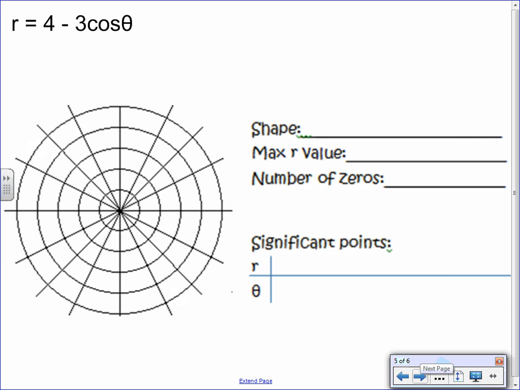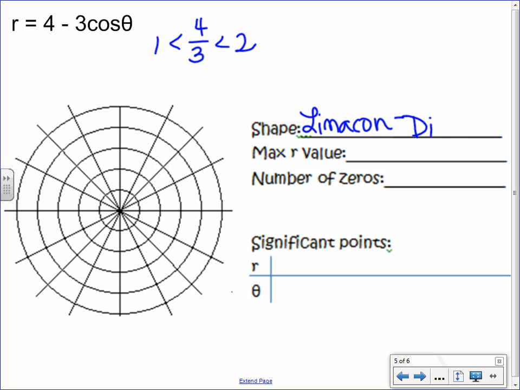Next one. Then you get 1. Okay, so we have a limacon. What is A over B? 4/3. And how does that compare? Less than 2, but greater than 1. It's between 1 and 2, so we are dimpled.